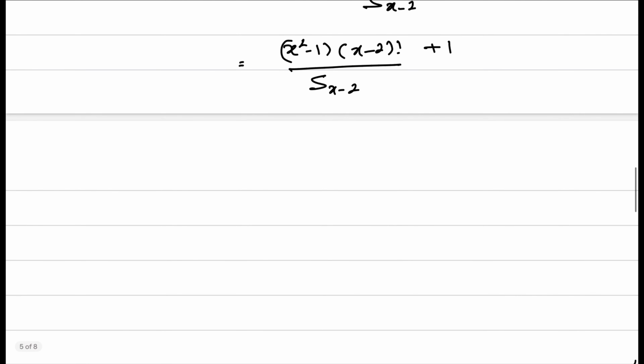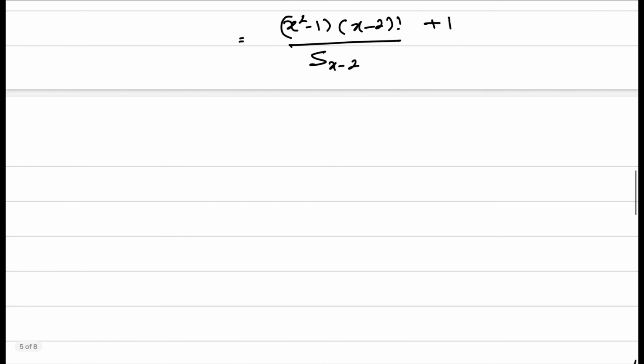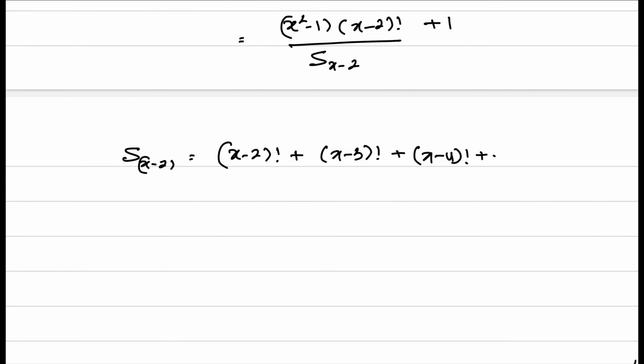Now, how to write Sx minus 2? Sum of x minus 2 factorial is equal to, can we take it as x minus 2 factorial plus x minus 3 factorial plus x minus 4 factorial plus up to 1 factorial. Can it be written as x minus 2 factorial? Can we take common?